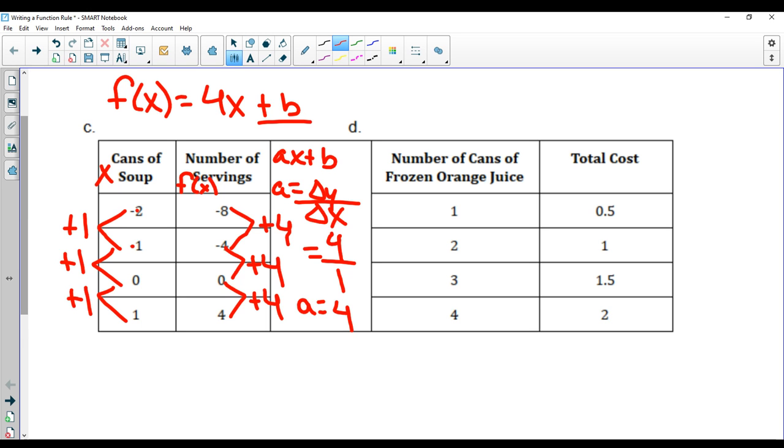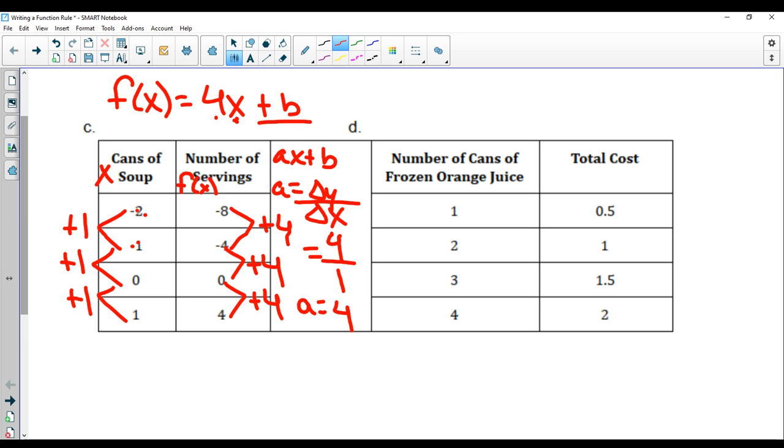Let's see if I need to add anything for b. So start with your x and plug it in here. -2 in here for x. What is -2 times 4? That's -8. Okay, put -1 in here. Take -1, put it here for x. -1 times 4 is -4.